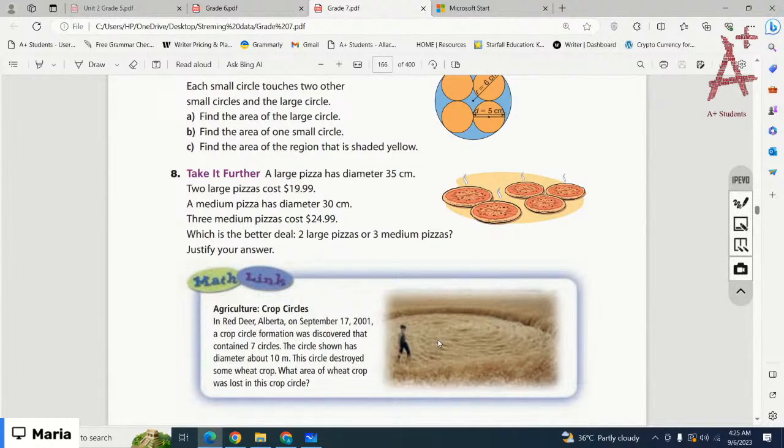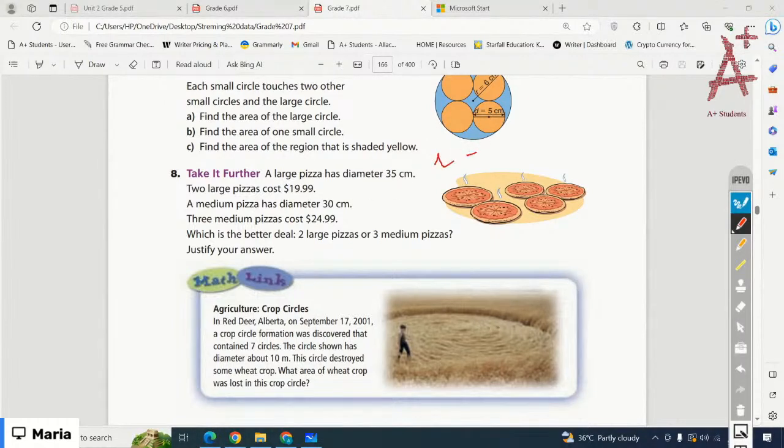Let's calculate the area of the larger pizza, which has diameter 35. When you calculate the radius of the larger circle, it would be 35 over 2, that equals 17.5. Then the medium pizza has the radius 30 over 2, which is 15. Let's calculate the area of both pizzas.